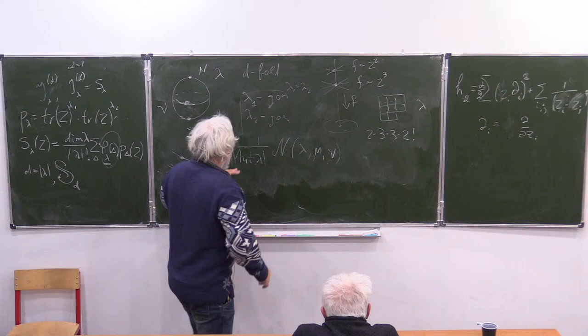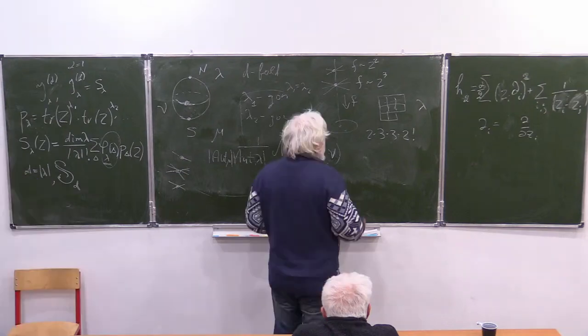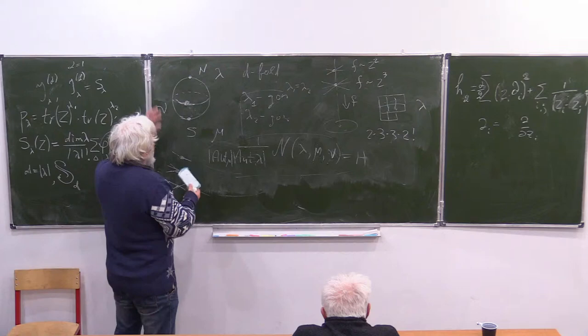Some people prefer to call it differently, maybe it is not precise. And this number is called the Hurwitz number. And you have to divide by Aut mu also, because we glue polygons and look at what we get here.